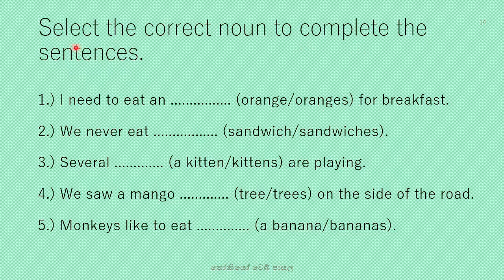You need to read the sentence and see which word out of the given two choices will be suitable to complete this sentence. So I will give you 2 minutes. Please try to find the correct word for these 5 sentences.